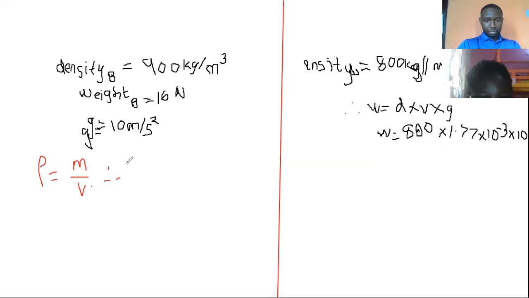Therefore, mass is equal to density times volume. Let's call this equation 1.